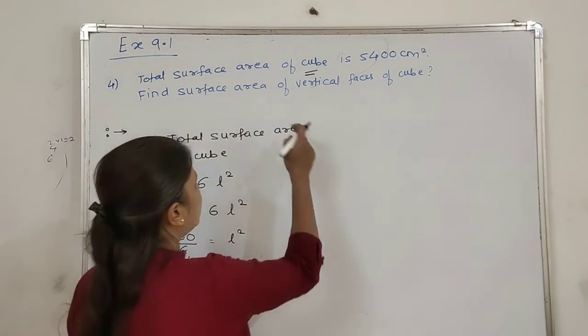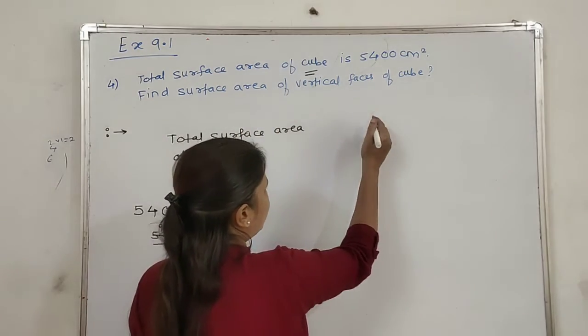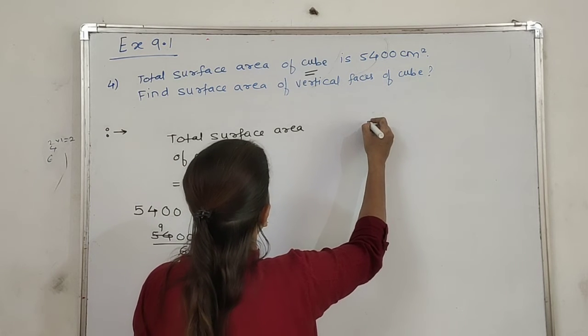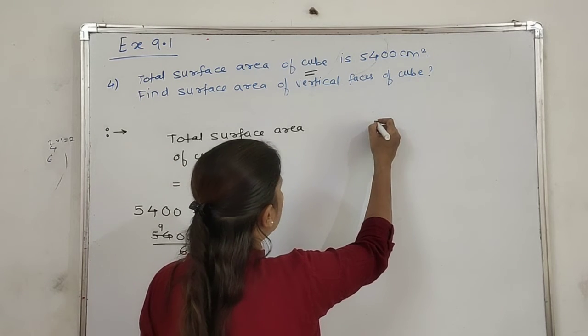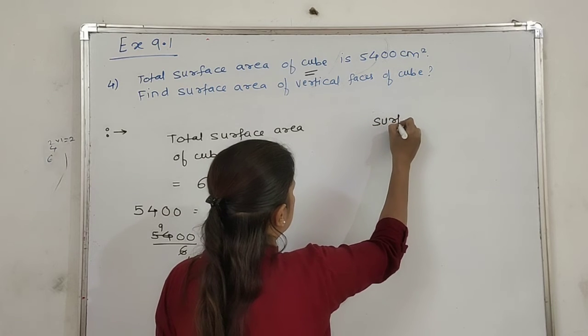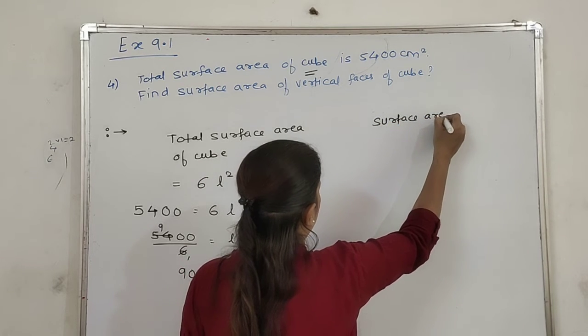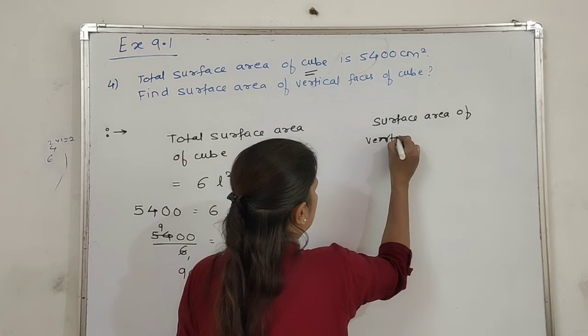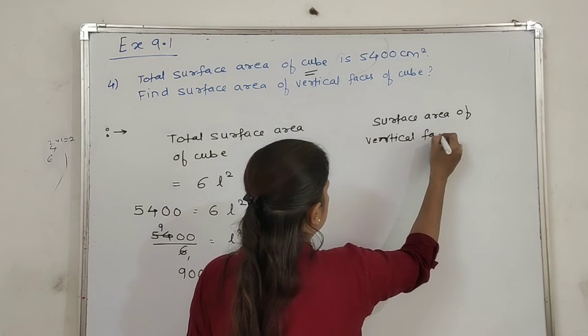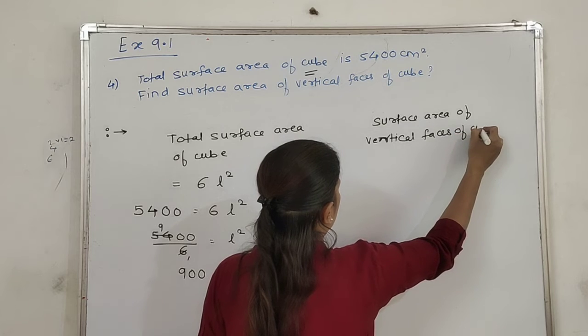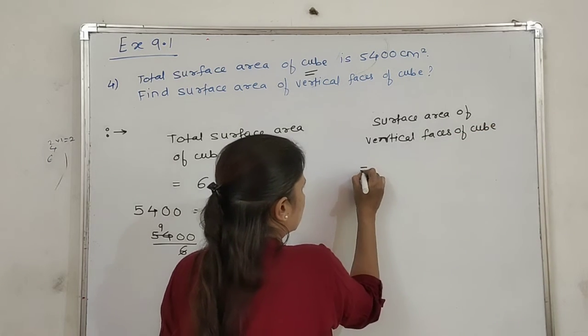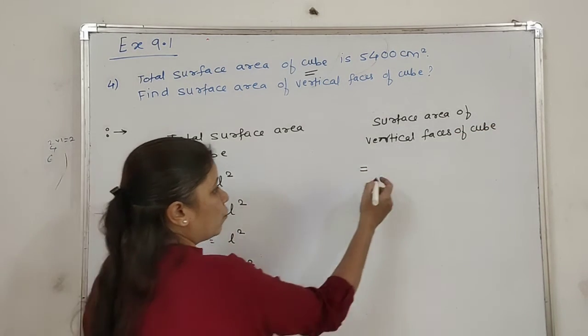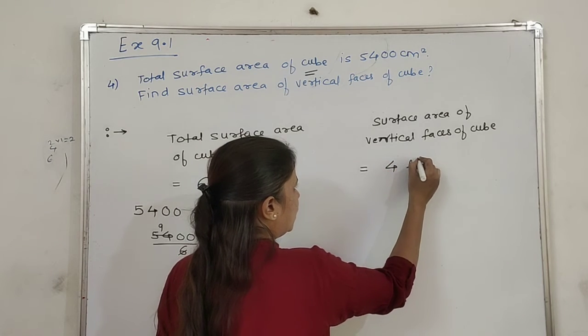Now we will write the formula for surface area of vertical faces. Surface area of vertical faces of cube. The formula is given as 4L square.